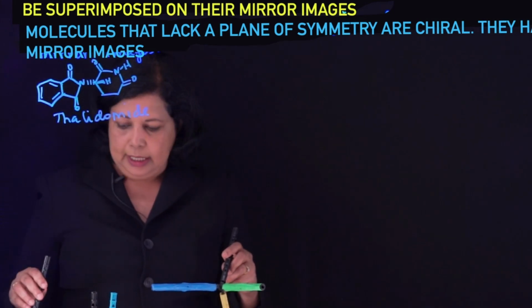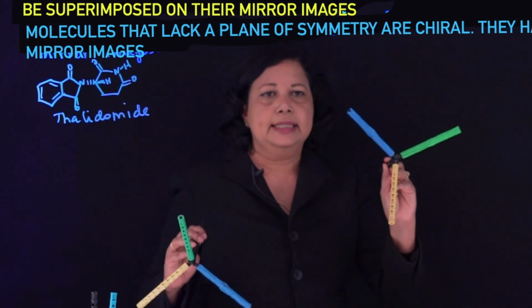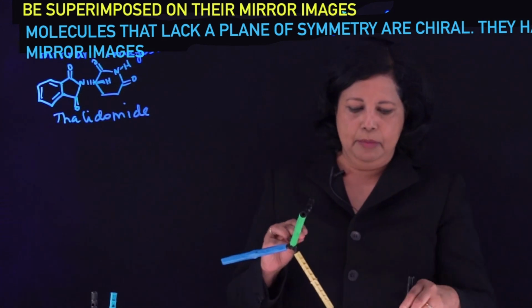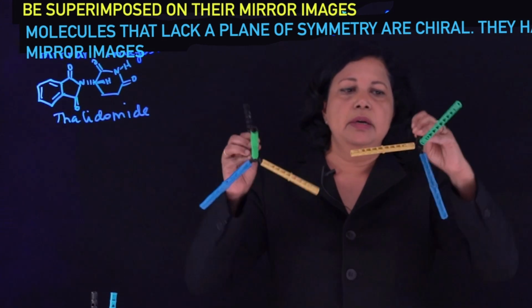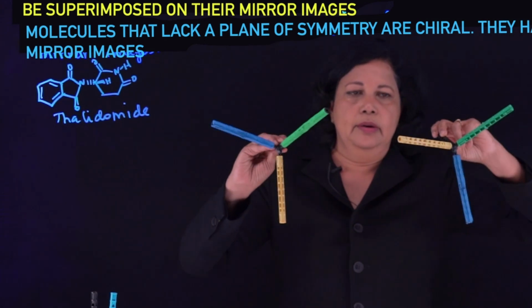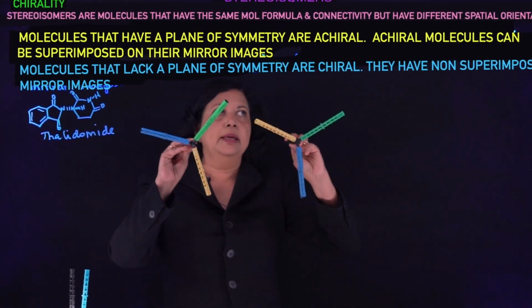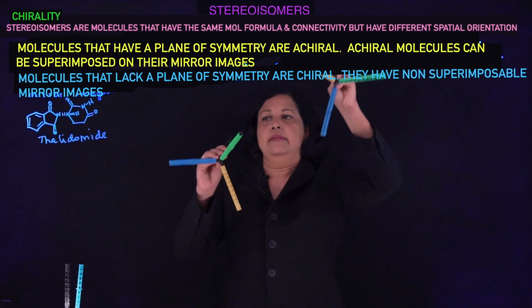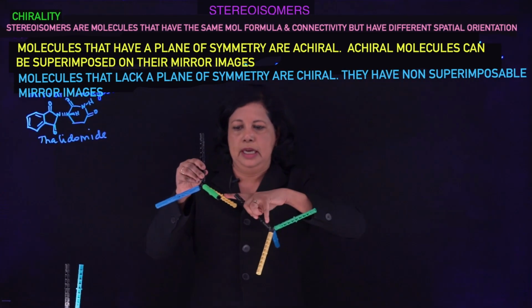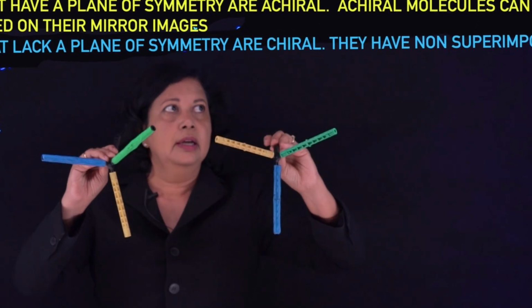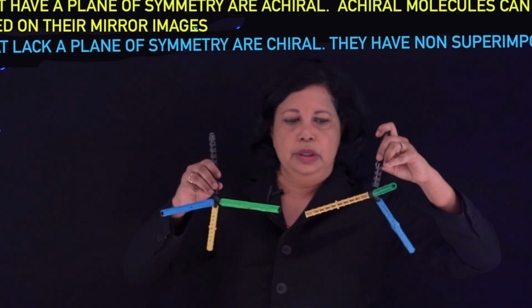Well, we can try it out. Let's say I take a molecule with the same molecular formula, all connected to the same things, with the same connectivity. This yellow is not connected somewhere else, it's all connected to the center just like here, but they have different spatial orientations.